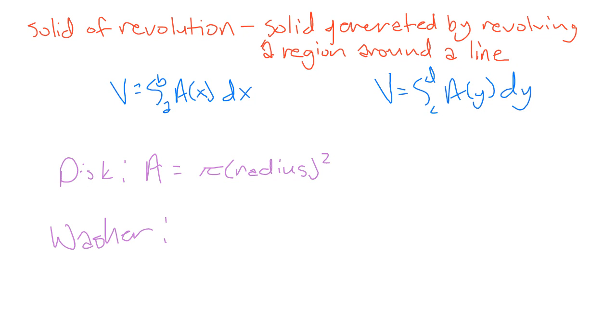And with our washer, we're going to get A is equal to pi times outer radius squared minus pi times inner radius squared.